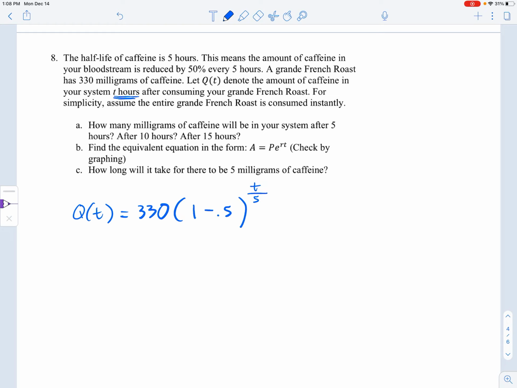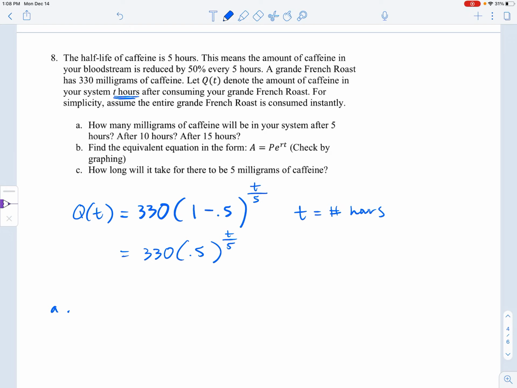Remember, the exponent represents the number of periods that have occurred. So where T is the number of hours that have passed. And this can be simplified to be 330 with the base written as 0.5 or 1/2 to the T over 5 power.